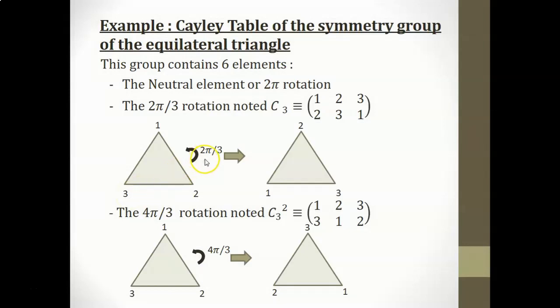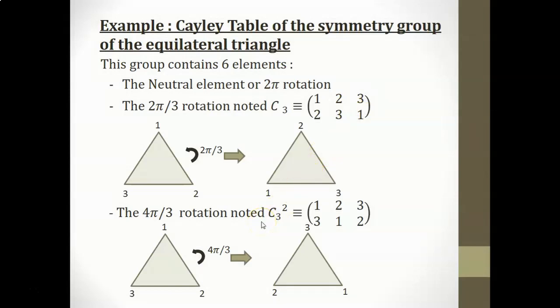A rotation of 2 pi over 3 brings the vertex 2 in position 1, the vertex 1 in position 3, and the vertex 3 in position 2. Basically, this is equivalent to a permutation 1→2, 2→3, 3→1.